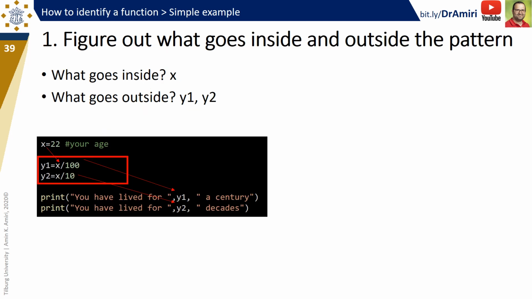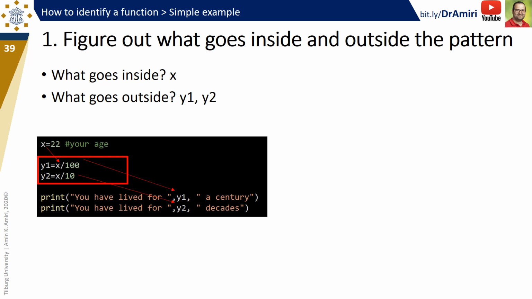So the first step is to figure out what goes inside this pattern and what goes outside the pattern. That means what kind of variables we use from the previous lines and what variables inside the pattern are used in the next lines. You can see here that we use x from the previous lines and we use y2 and y1 in the next lines.